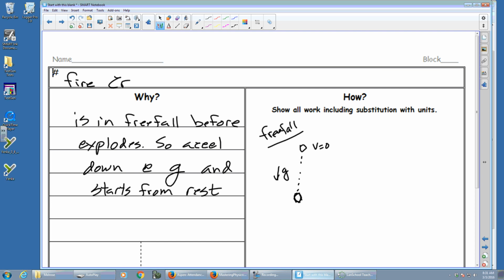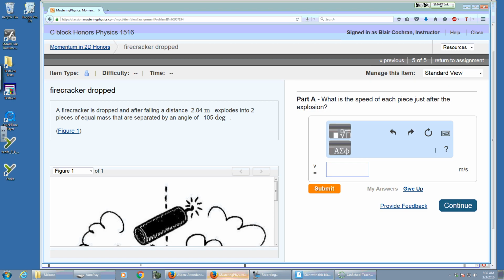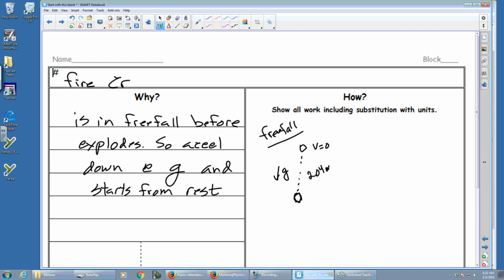And when it gets down here, 2.04 meters later, it has some other final velocity. And what you want to do is look back on your equation sheet and remember that v final squared equals v initial squared plus 2a delta d. And then once you hit there, now you can go with conservation of momentum afterwards.